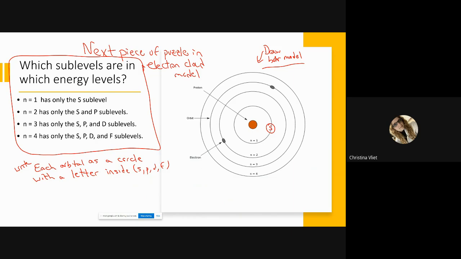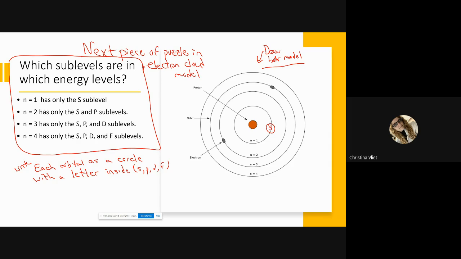Only 2 electrons can fit in the energy level that is closest, or has the lowest energy, to the nucleus. So the energy level 1 s orbital is the lowest energy orbital, and it is the only one in energy level 1. So far, so good?